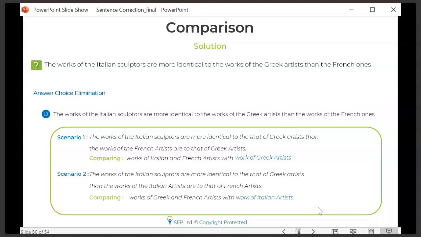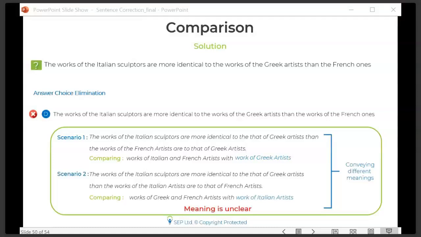These two meanings are completely different and the sentence fails to convey the intended meaning, and therefore choice D is incorrect. Take a moment to look at this. This sentence could mean two things, and therefore it is incorrect.